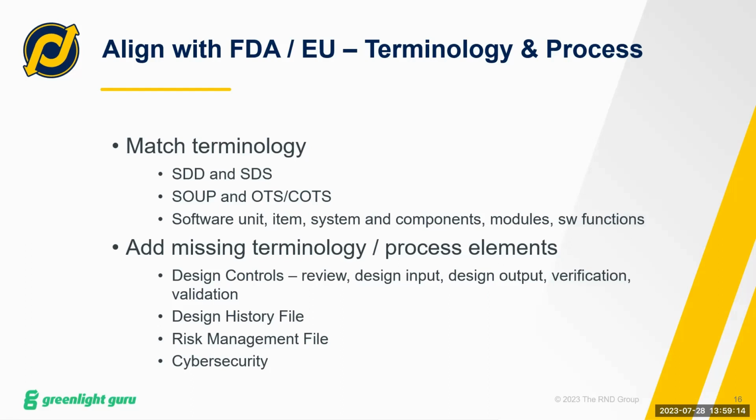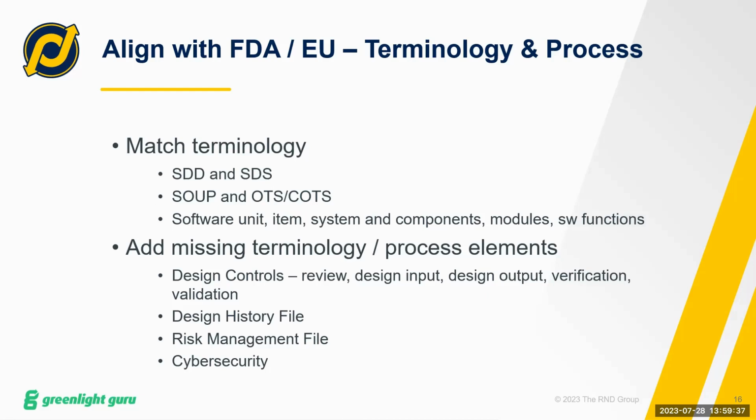A final example is terminology related to what we would term our software modules, components. That's the language I think software developers are used to using more often, but 62304 uses software unit, item, and system. However, it leaves it up to the medical device manufacturer to define what that means.